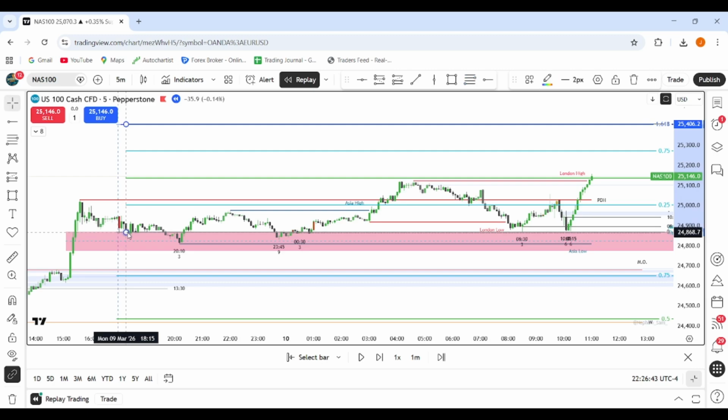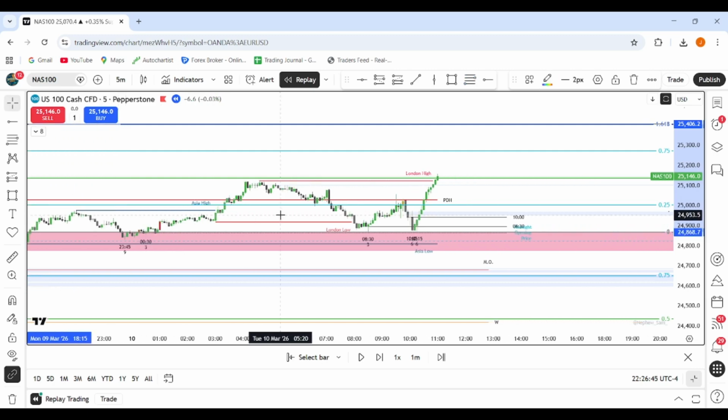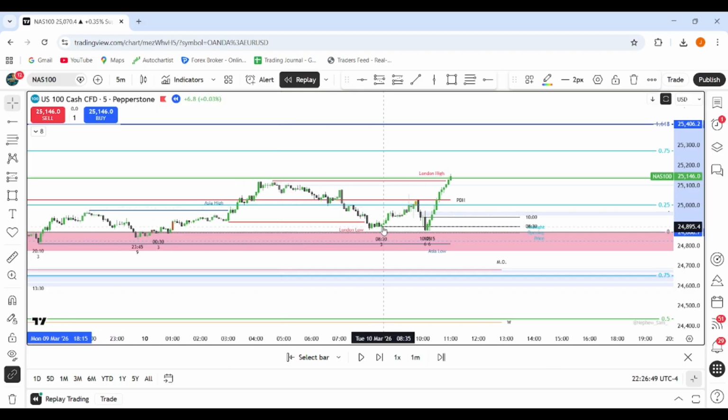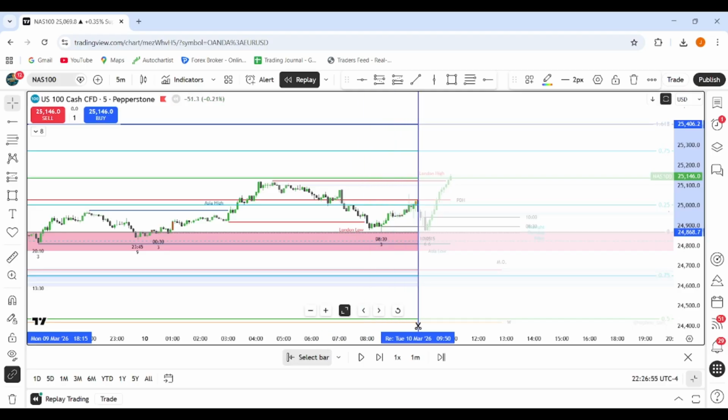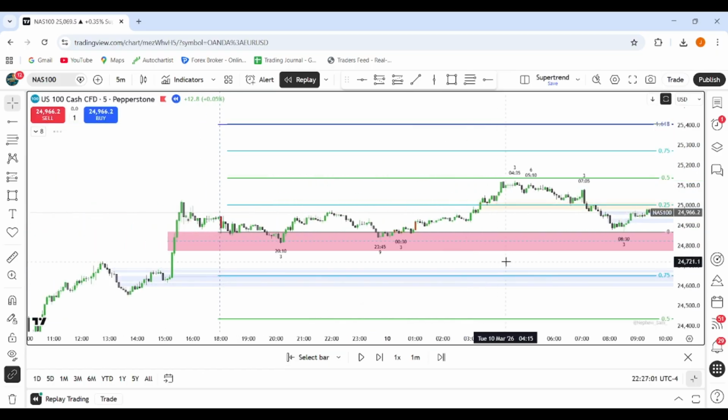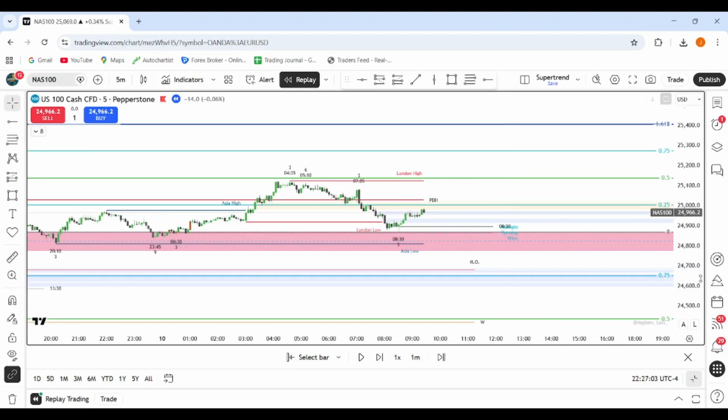Okay, so there we have it, and this is where we now look at what happened at 9 o'clock. So let's just go back to 9, or let's say 9:30, because that's when I tend to start to look at the markets, at 9:30.